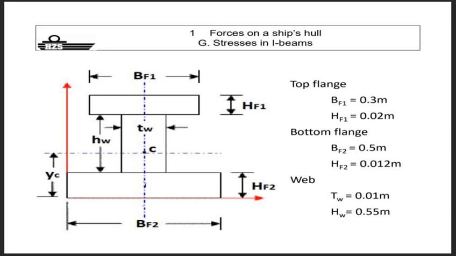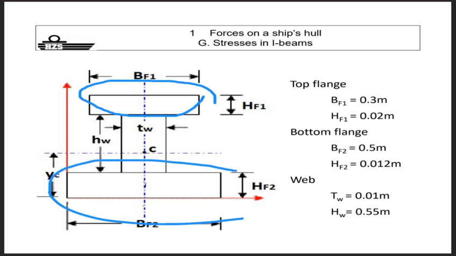Here, for instance, the dimensions that I give are the dimensions of your upper flange, the lower flange, and the web, meaning the breadth and height, or thickness if you like, of the plates.